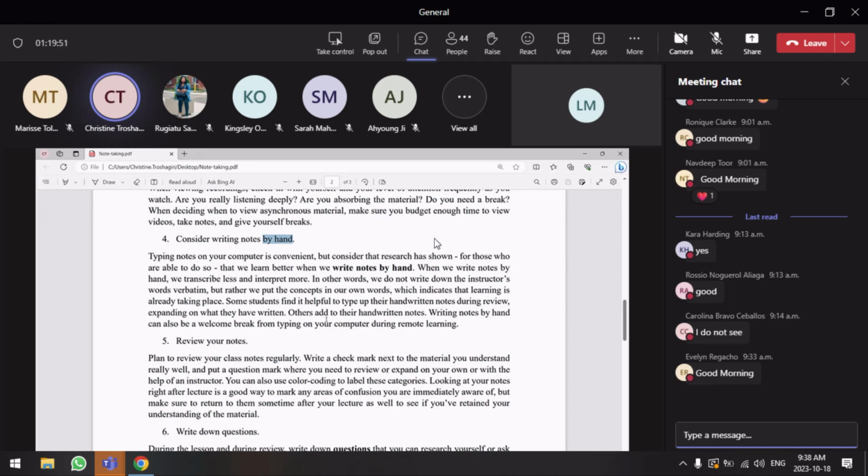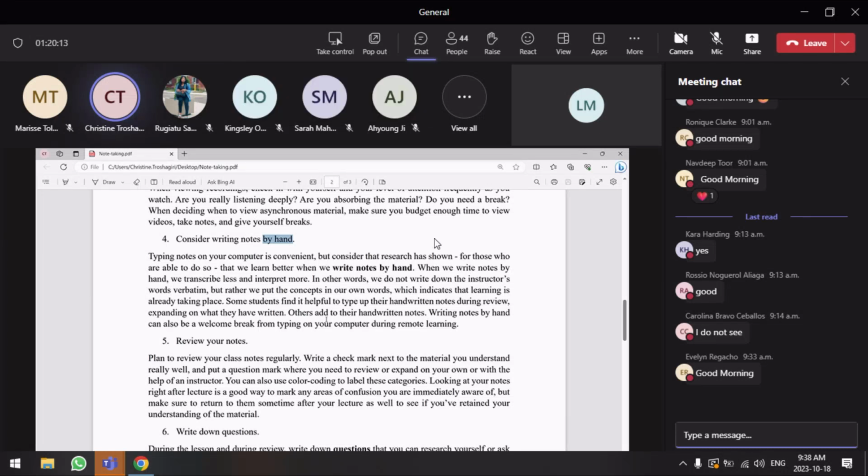Now, some students write their notes by hand, and afterwards, whenever they are preparing for their exam, they type them into their computers because it might be neater and visually more clear, more concise, more precise. Yes.